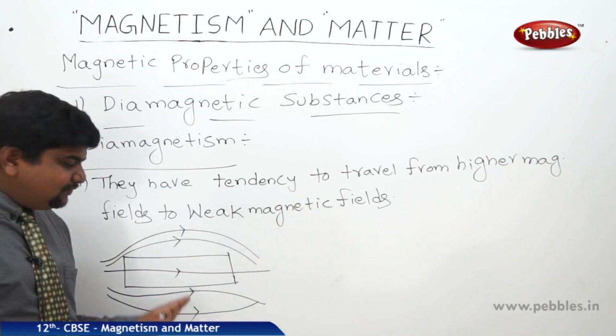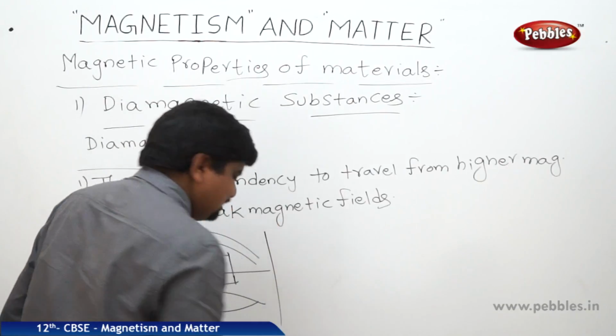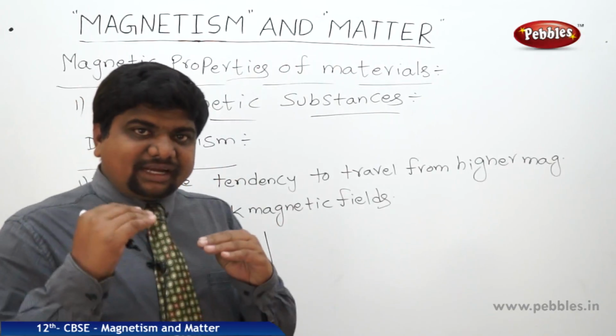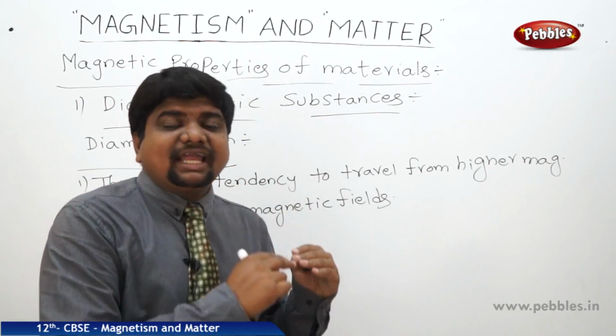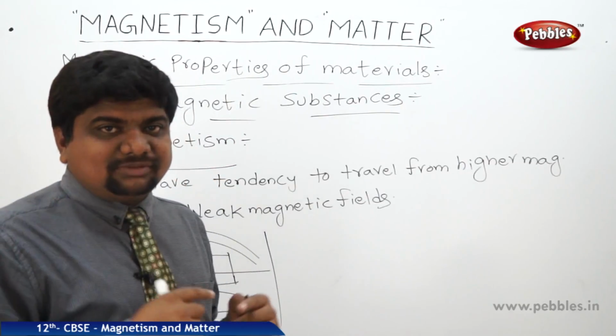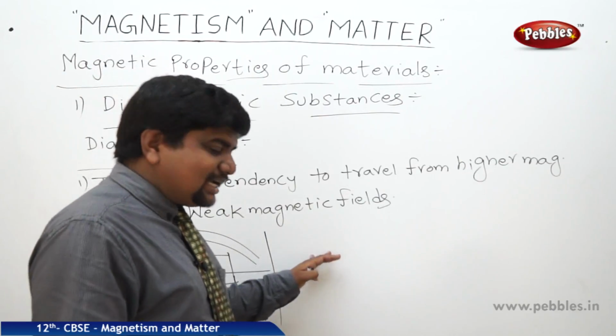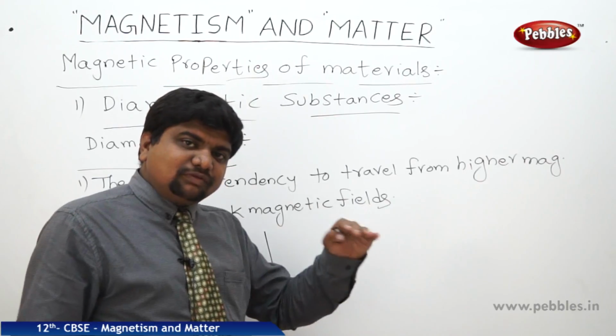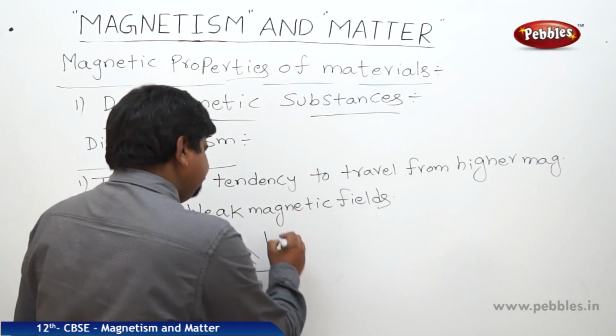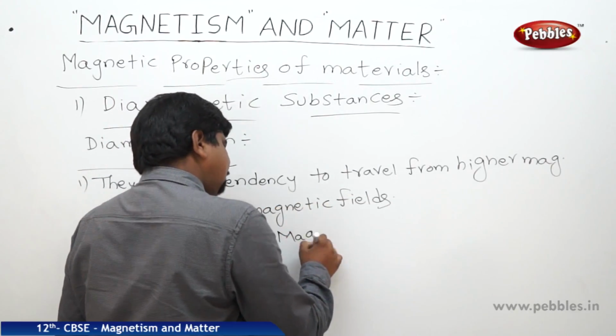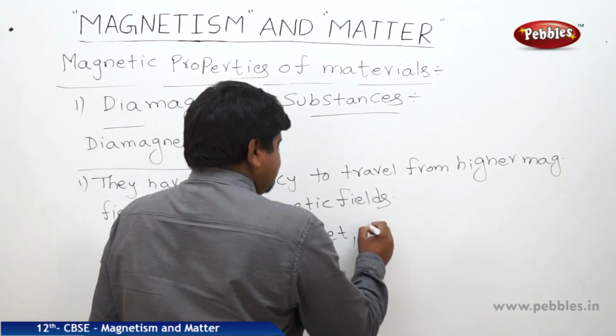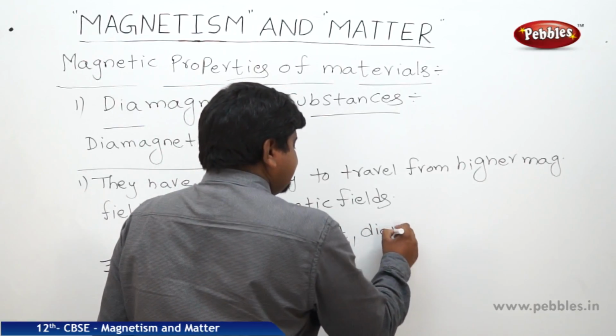One more nature of this diamagnetic substance is that diamagnetic substances are repelled by the magnets and the magnet is also repelled by the diamagnetic substances. That means magnet and diamagnetic substance both will repel each other.